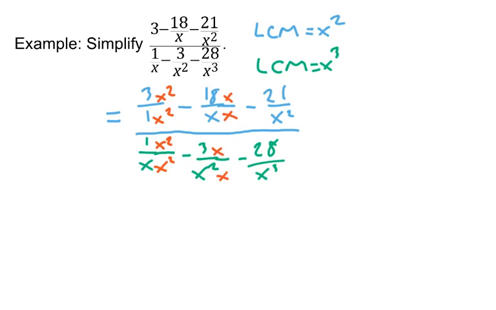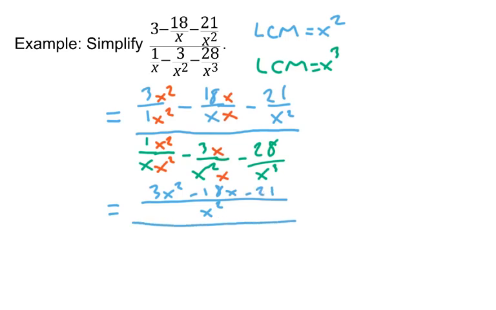Let's rewrite that with all of these as a single fraction. So in the numerator, you now have a common denominator of x squared. And combining the numerators, you'd have 3x squared minus 18x minus 21. That's everything in the numerator. In the denominator, you would have x squared minus 3x minus 28 all over x cubed.